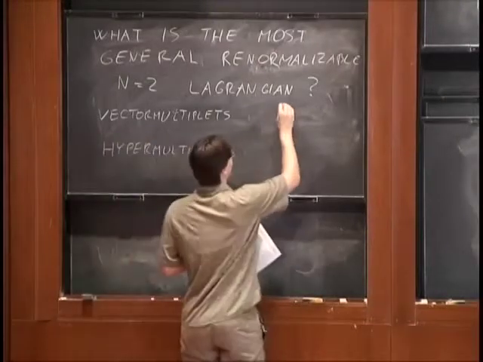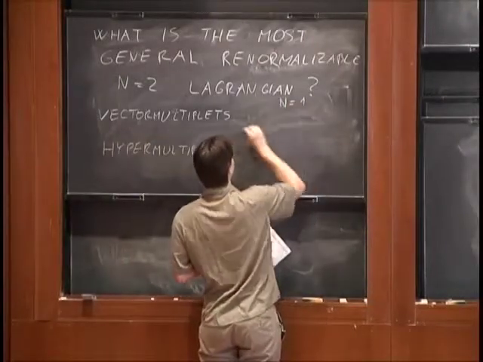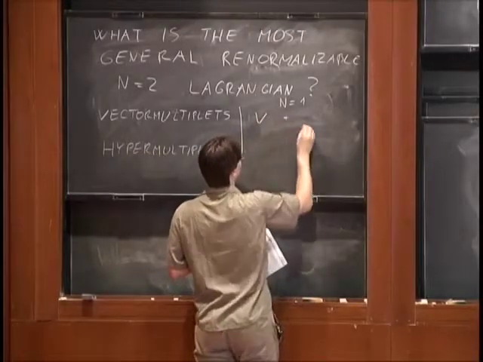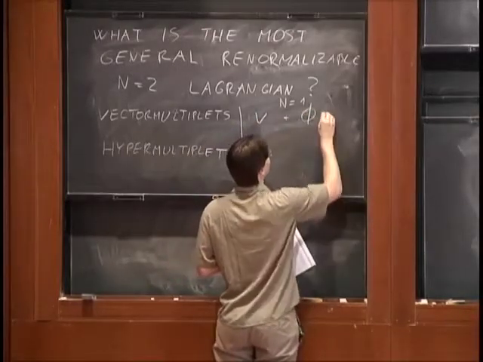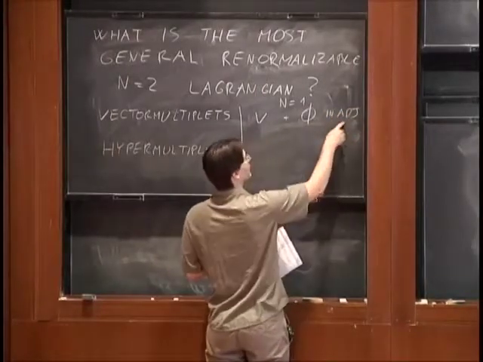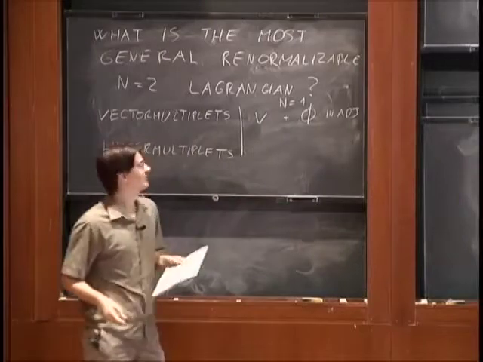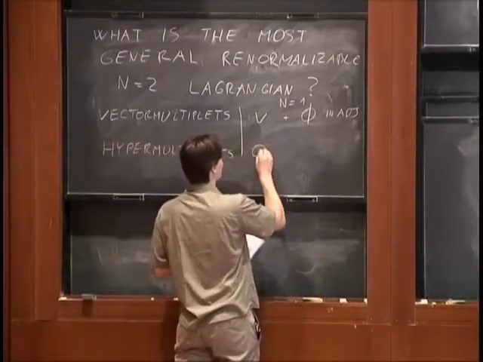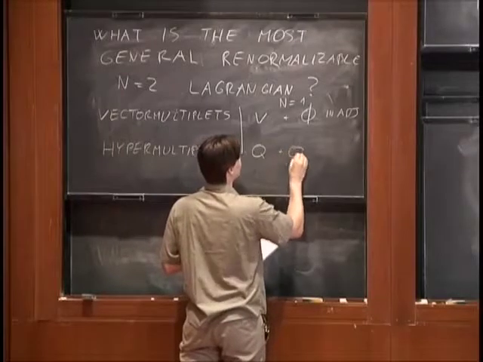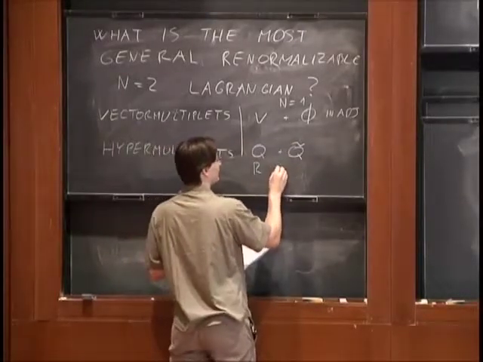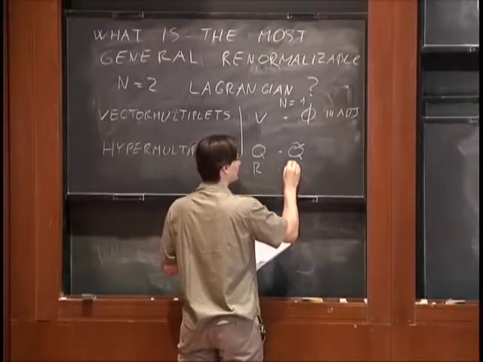In an n=1 language, a vector multiplet is just a gauge multiplet together with a chiral multiplet in the adjoint. And a hypermultiplet is a combination of two chiral multiplets in conjugate representations of the gauge group.